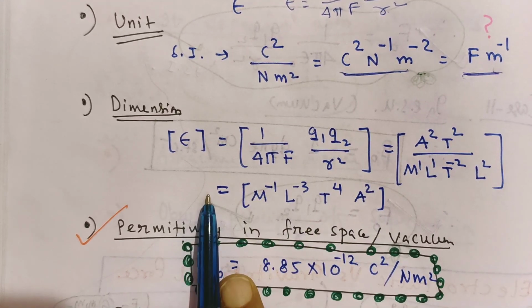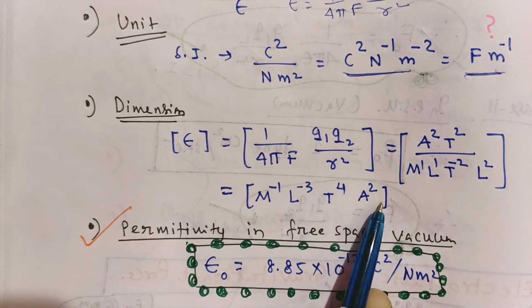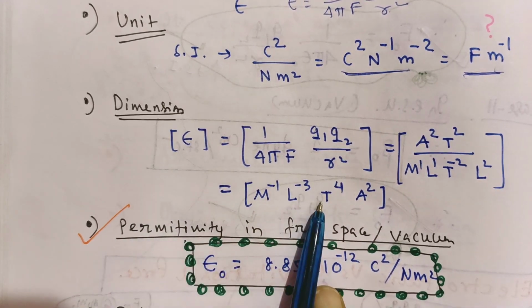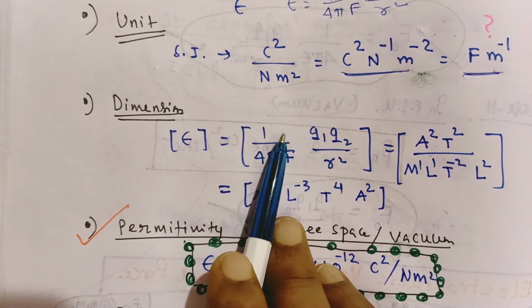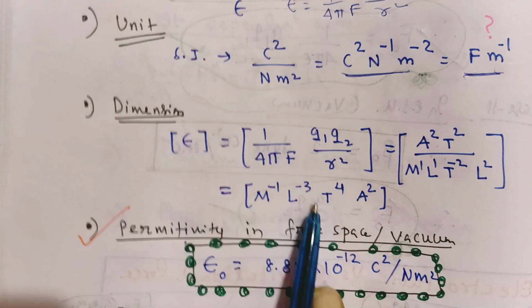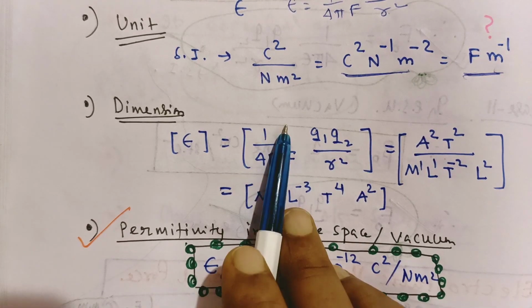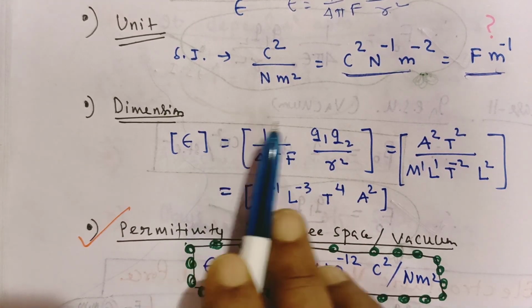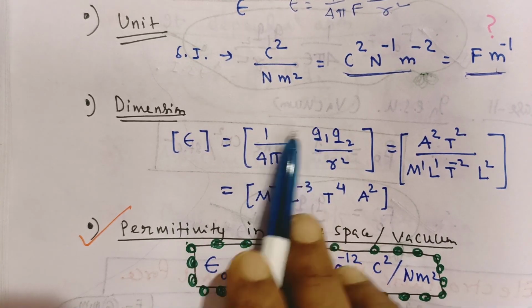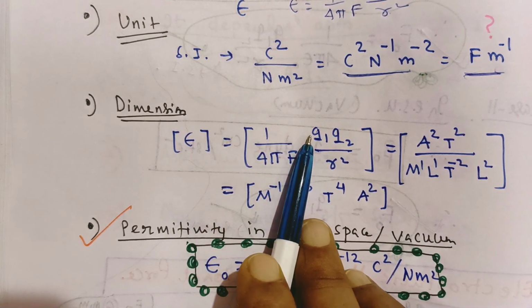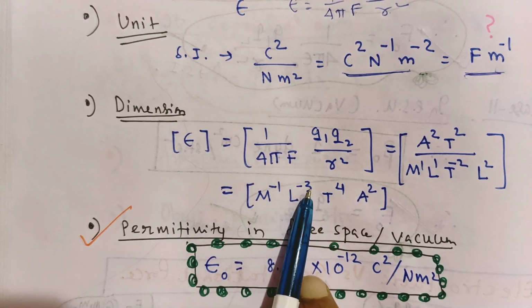Always remember, do not keep in memory the dimension of permittivity. The dimension is always calculated from the formula. So you should keep the formula in your memory, not the dimension. If you keep the formula in your mind, it helps in problems, it helps to define a physical quantity, it also helps to calculate a unit, and you can also easily calculate the dimension.